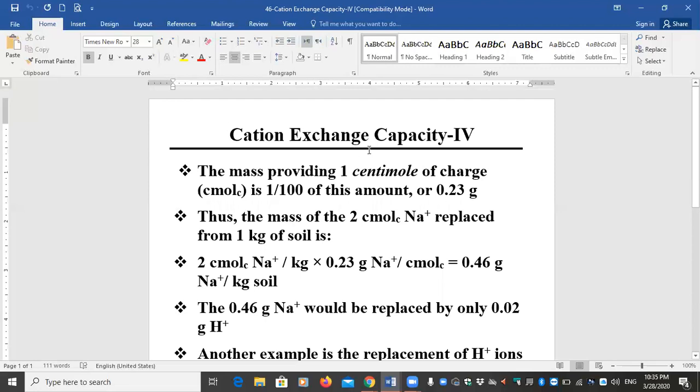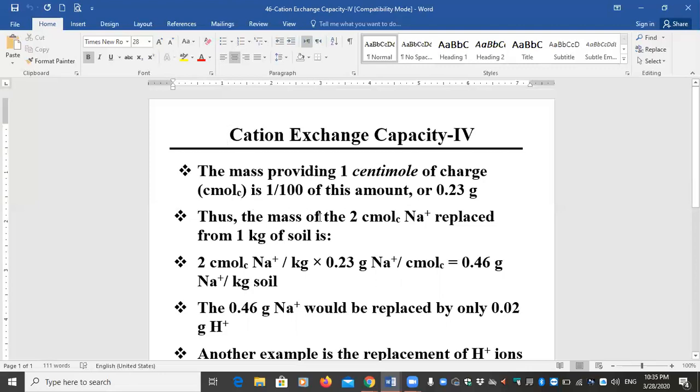So 1 mole of sodium ion, which is Avogadro number, which the mass of it is 23 grams, will give us 1 mole of charge. But I want centimole of charge. So that's 1/100 of that amount. So we divide the mass over 100. So 23 over 100 will give us 0.23 gram to give us 1 centimole of charge.